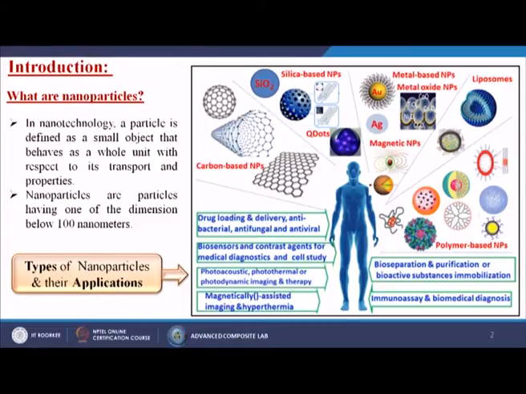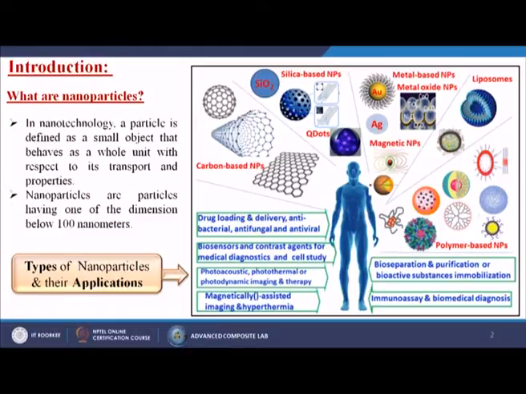From this figure you can understand that there are several applications of these nanoparticles. If we are talking about carbon based nanoparticles, we have fullerene and carbon nanotubes. There are several types of carbon nanotubes: single wall, multi wall and double wall carbon nanotubes, depending upon how many layers or how much thickness are inside the tube.